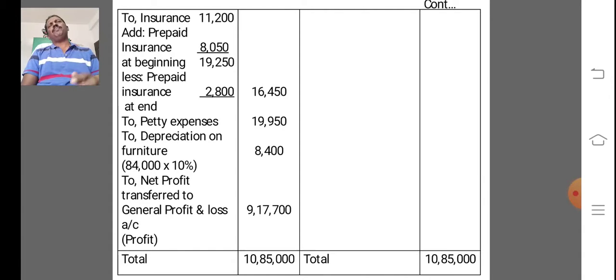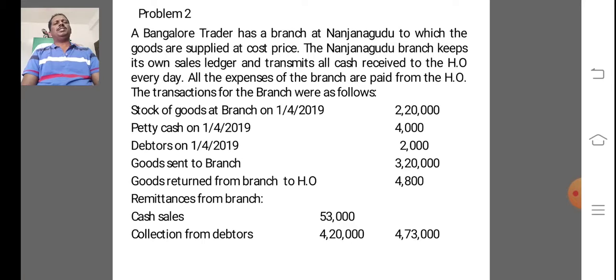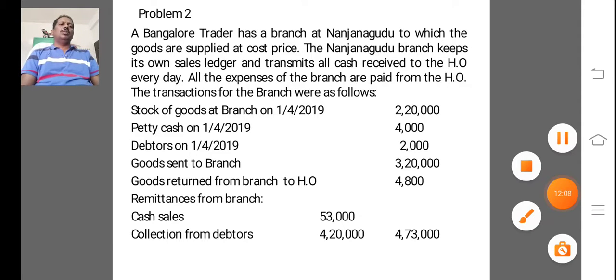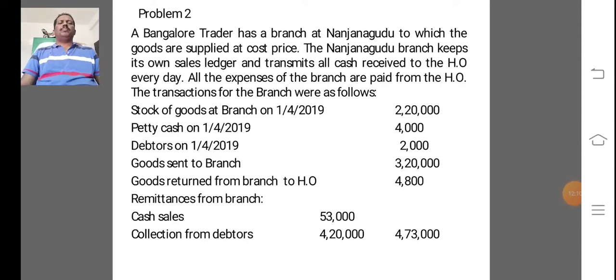So this is the way we are solving branch account problems. I am taking another problem. A Bangalore trader has a branch at Nanjanagudu, to which the goods are supplied at cost price.